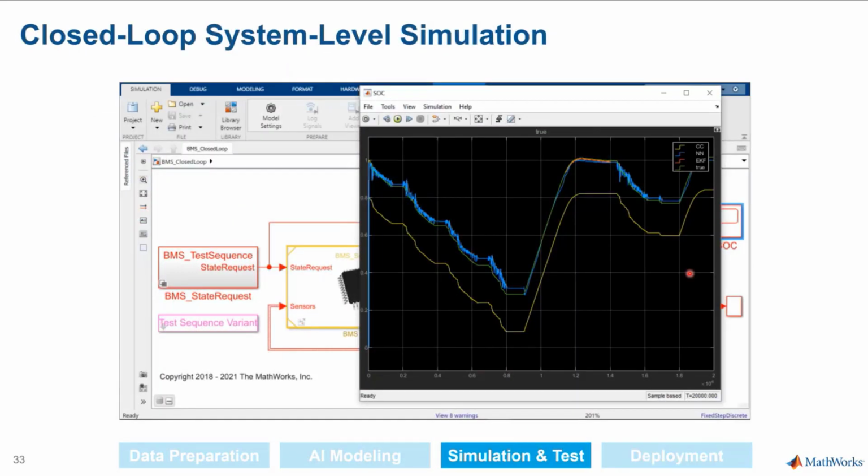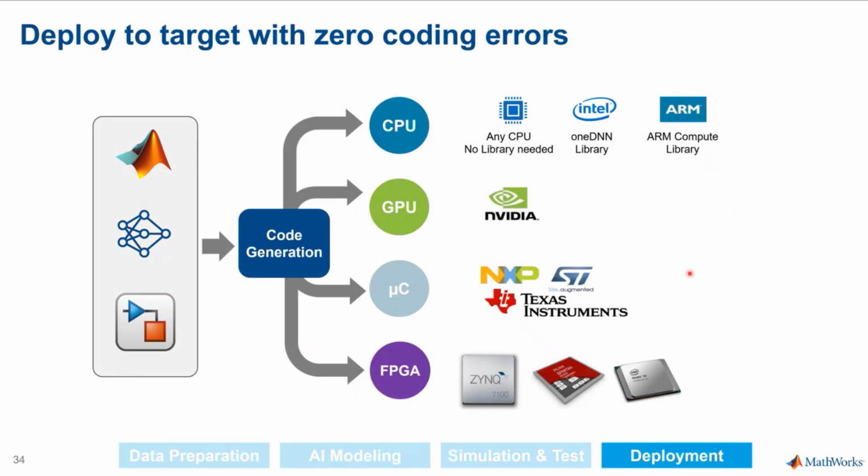But in the end, you want to run these algorithms on some target. The good thing is that we can generate code from these models that you've trained. Depending on where you want to deploy, on a CPU, on a GPU, on microcontrollers, or on FPGAs, you can use code generation for all of these.